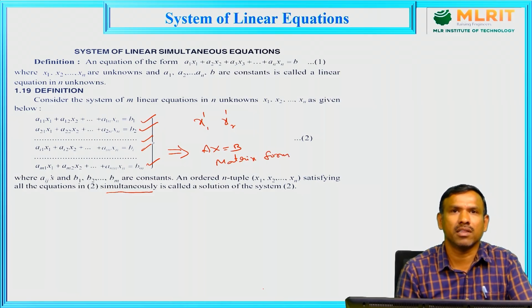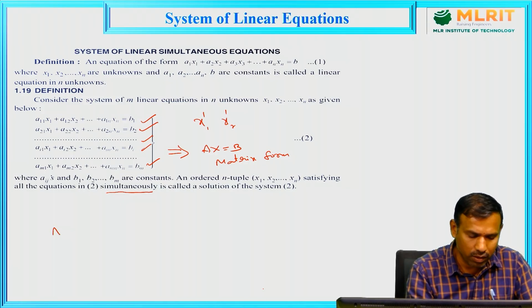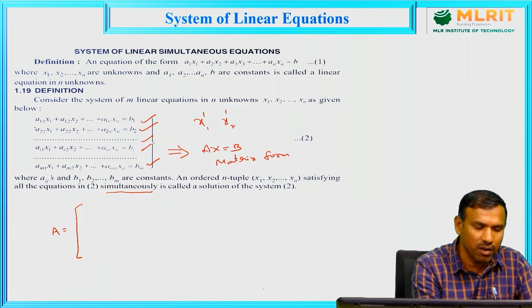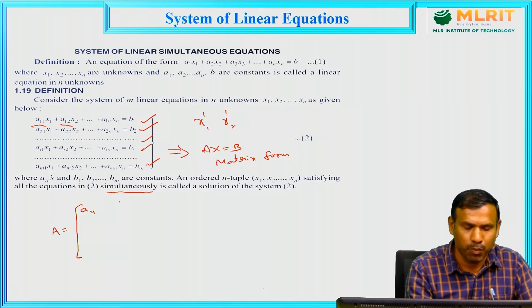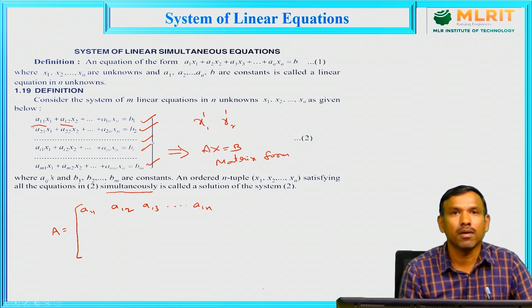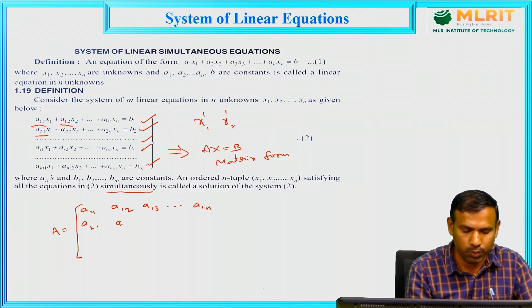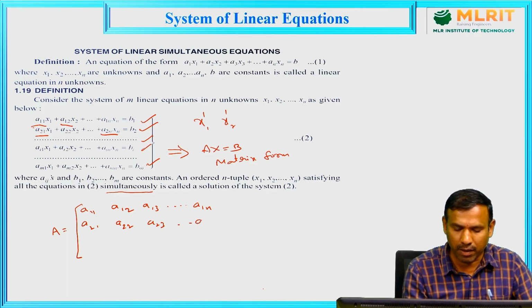This system we can write using three matrices: A, X, and B. A contains the coefficients of the system of equations. For the first equation, the x1 coefficient is a11, the x2 coefficient is a12, a13, and so on, up to a1n. For the second equation, the x1 coefficient is a21, then a22, a23, and so on, up to a2n.